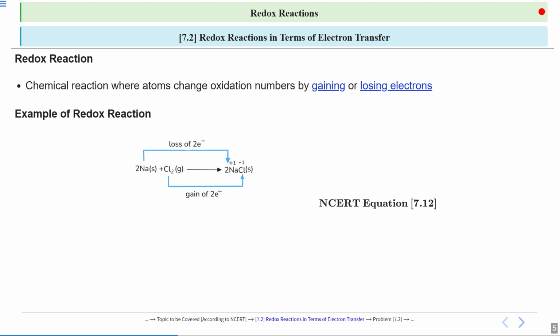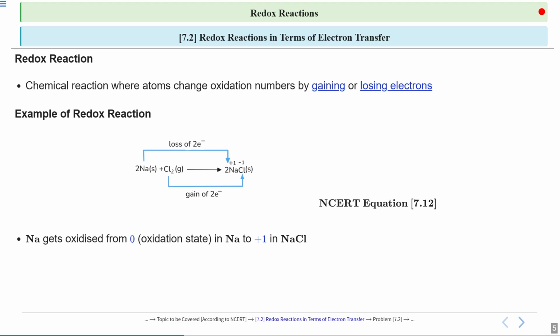So we have concluded that in this particular reaction also there is loss and gain of two electrons, which resulted in the change in oxidation number of Na and Cl respectively.